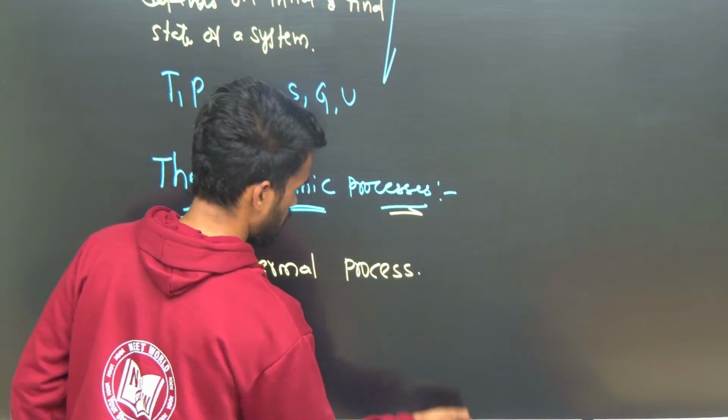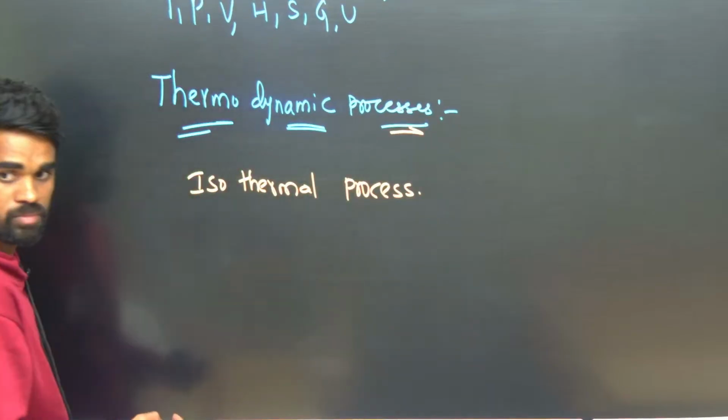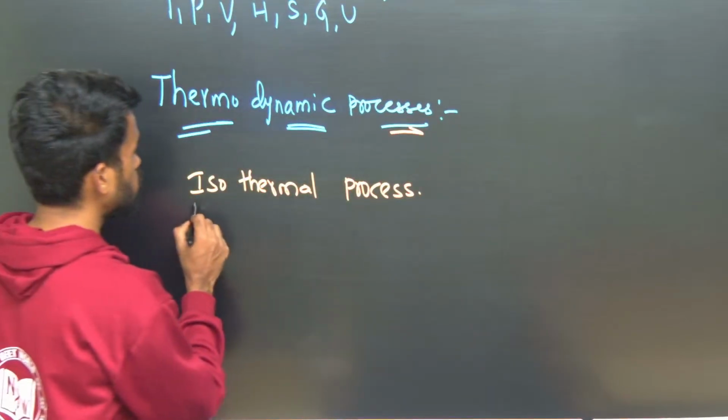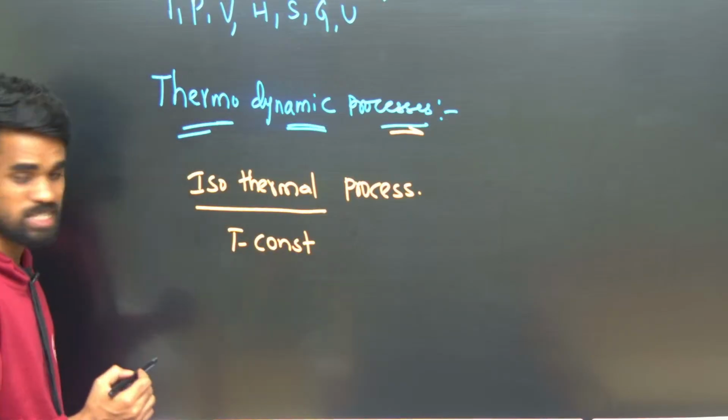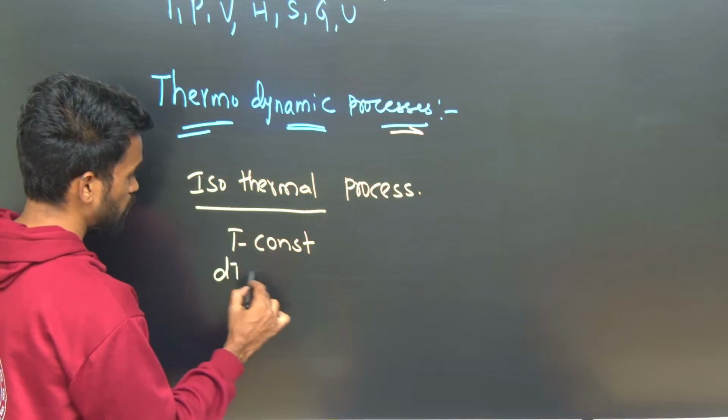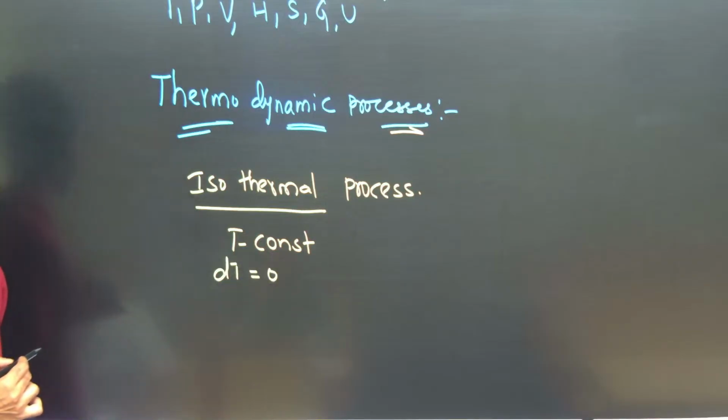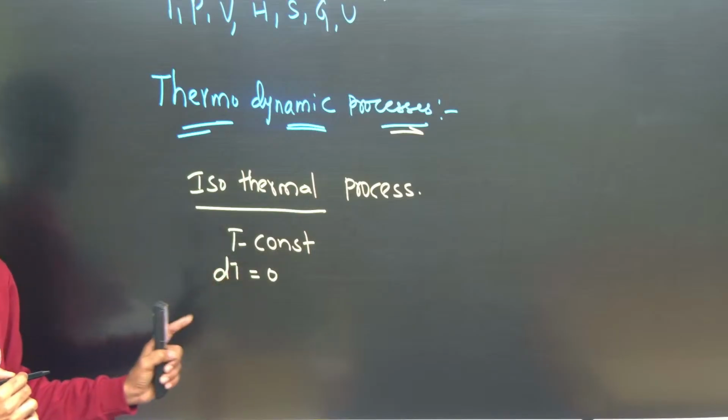So what exactly does iso mean? Same. Thermal means temperature. So same temperature, it means temperature is constant. If something is constant, the change in that thing will be 0. So change in temperature will be 0 in an isothermal process. So T constant, dT will be 0.